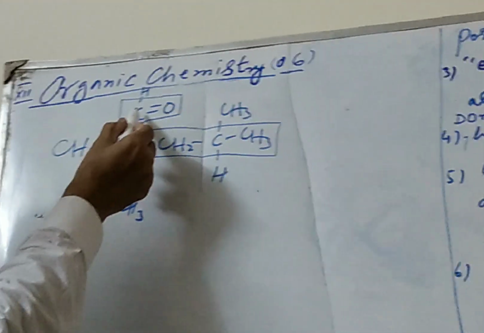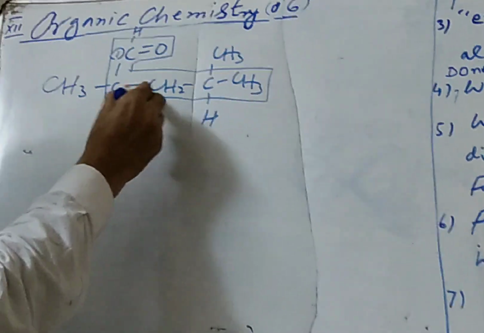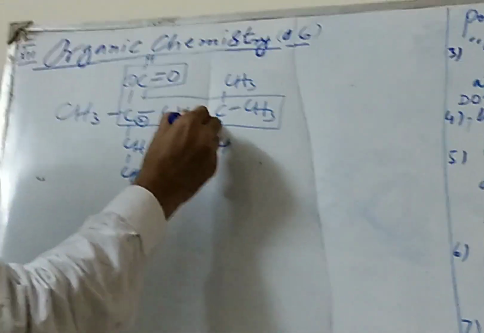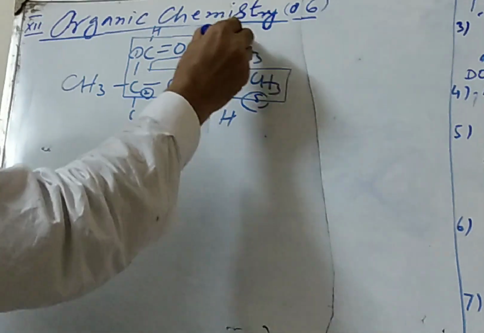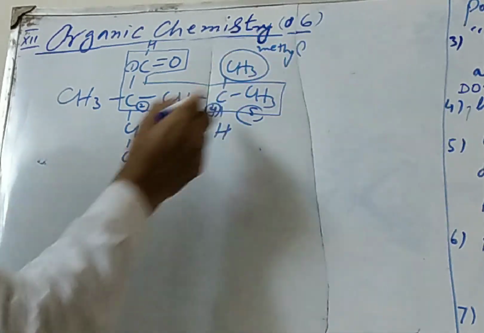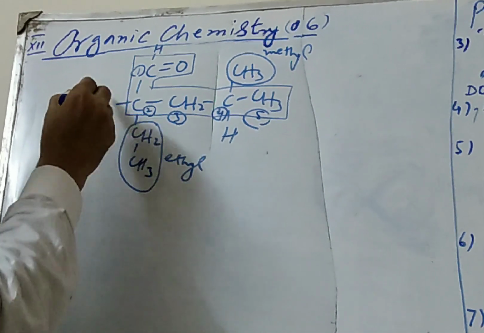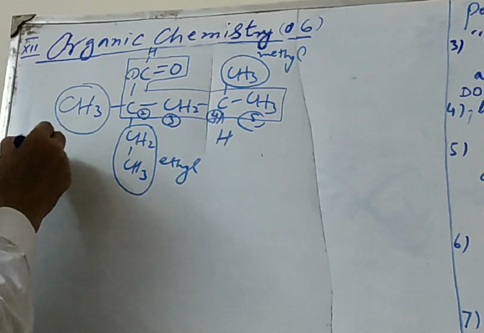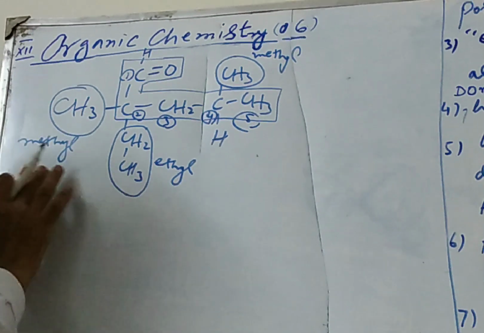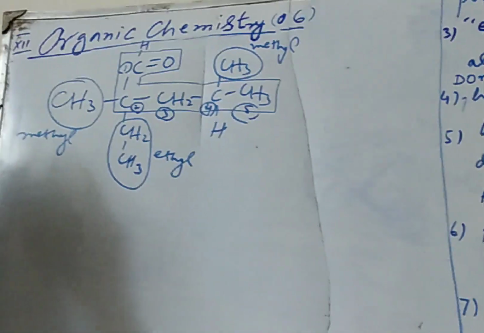Now the numbering, of course, CHO is the first. 1, 2, 3, 4, and this is the 5. And you can see this is the methyl group. This is the ethyl group. And this is again the methyl. So according to the rule, the alkyl radical should be first.